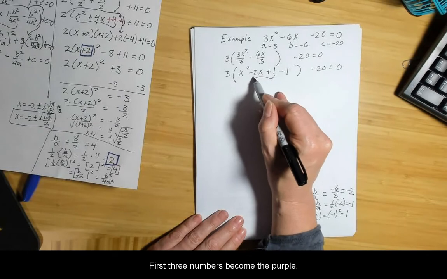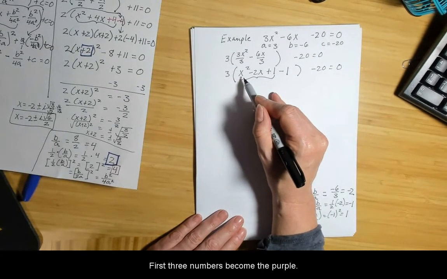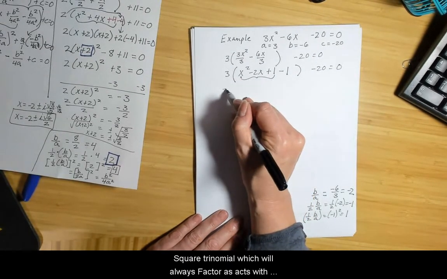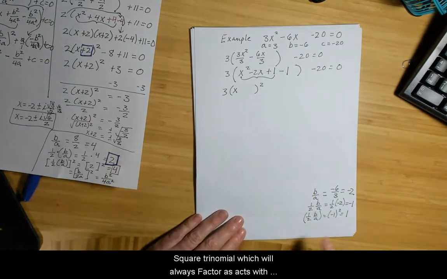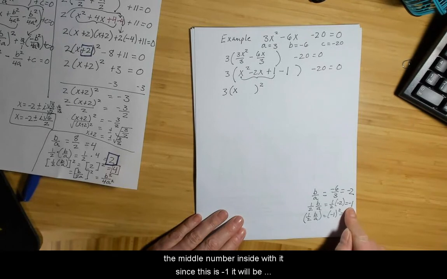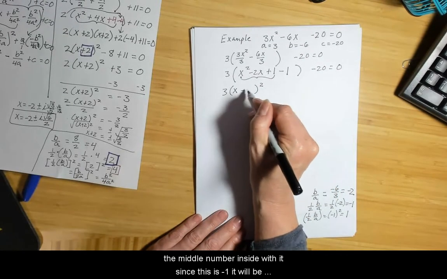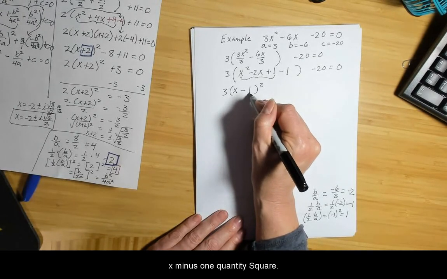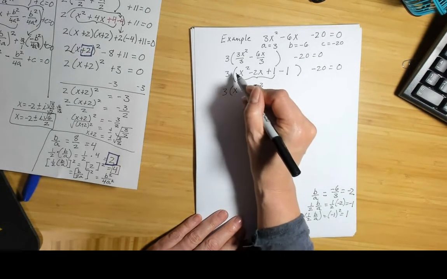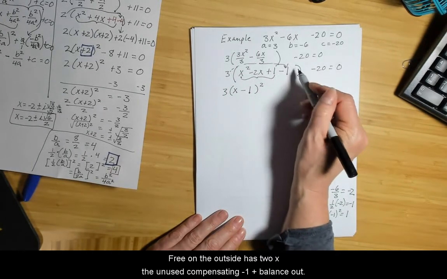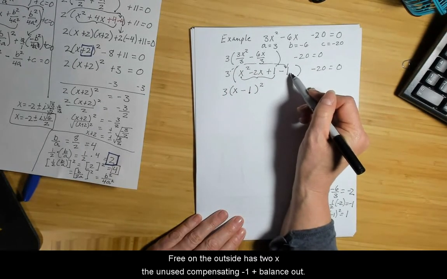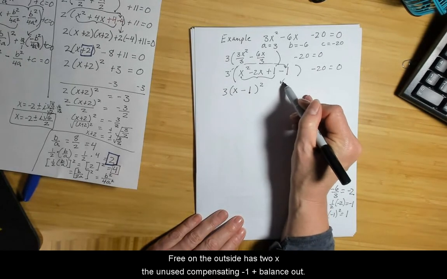The first 3 numbers become the perfect square trinomial, which will always factor as x with the middle number inside with it. Since this is negative 1, it will be x minus 1, quantity squared. The 3 on the outside has to multiply by the unused compensating minus 1 and bounce out.